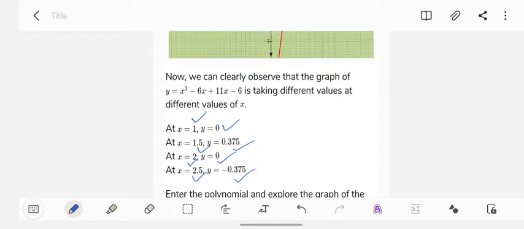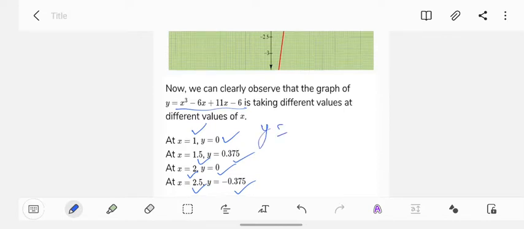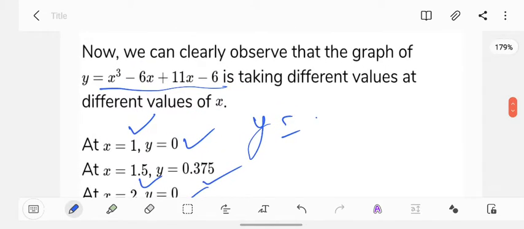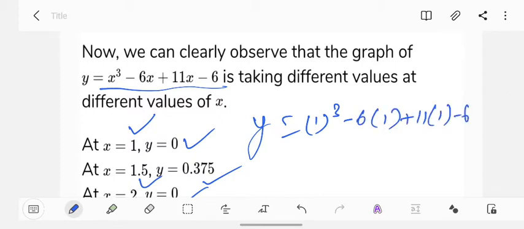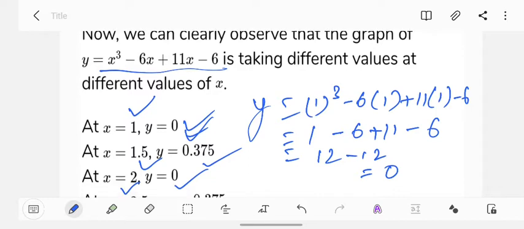If you place x equals 1 in this polynomial, y equals 1 cubed minus 6 times 1 squared plus 11 multiplied by 1 minus 6. After solving this, 1 minus 6 plus 11 minus 6 gives you 12 minus 12, which is nothing but 0.